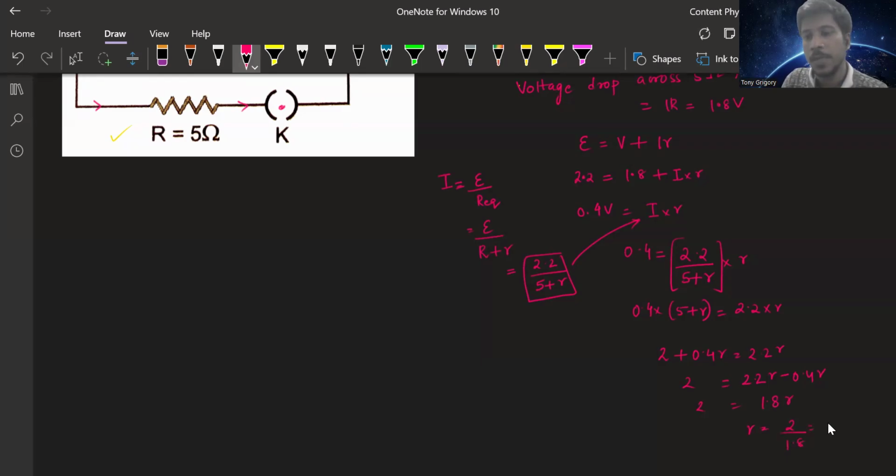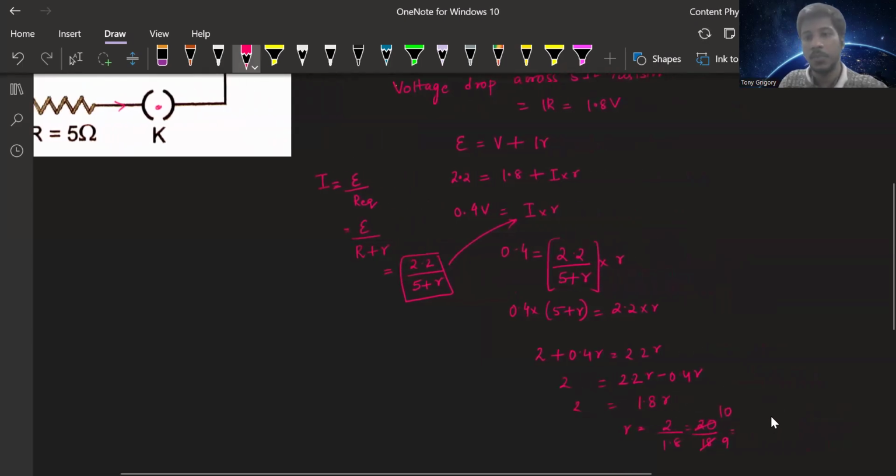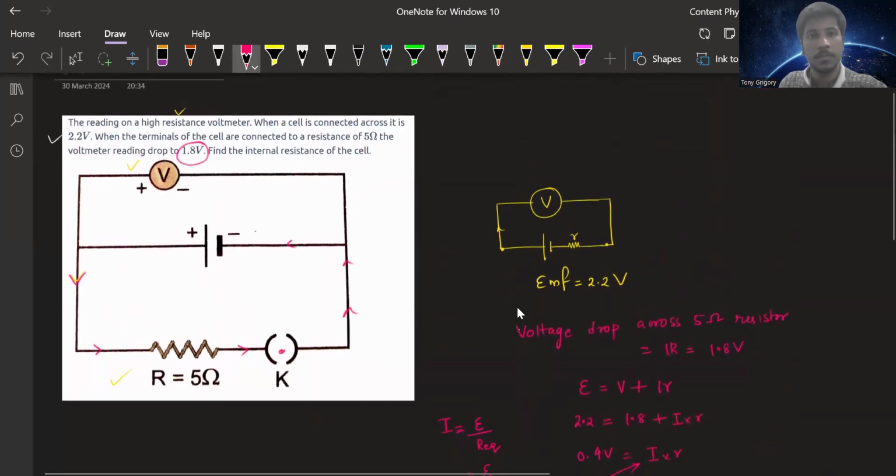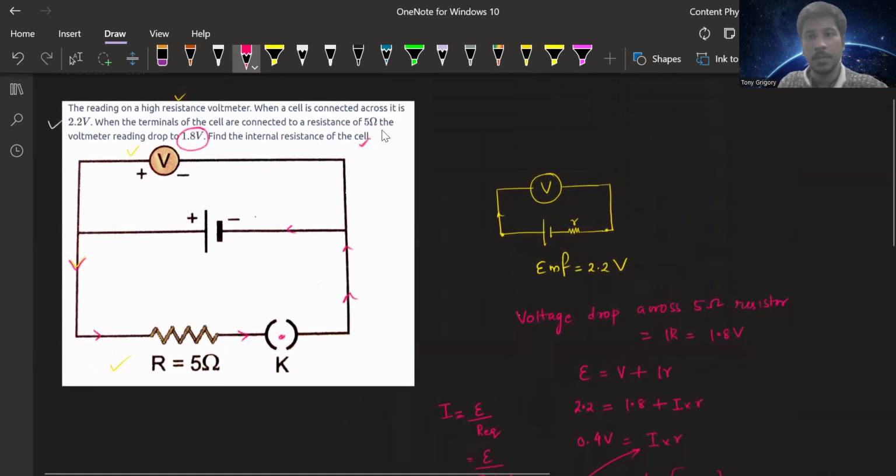This will be 20 upon 18, so this will be 10 upon 9. 10 upon 9 ohm will be the internal resistance. Okay, thank you.